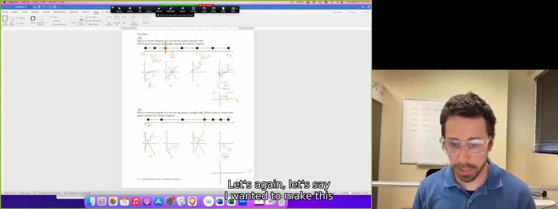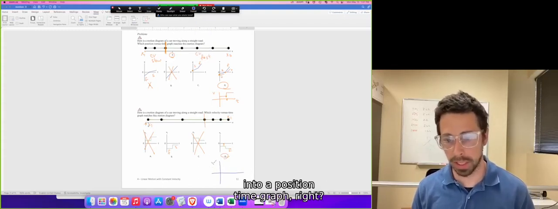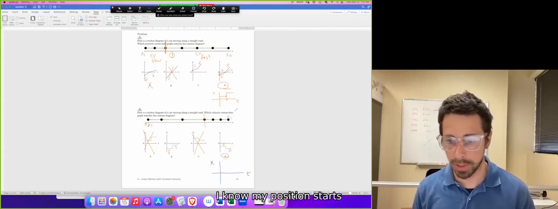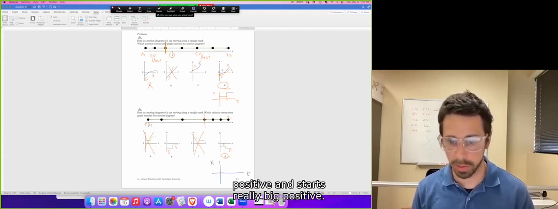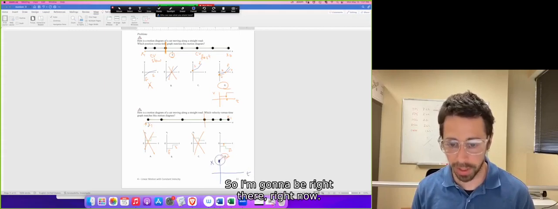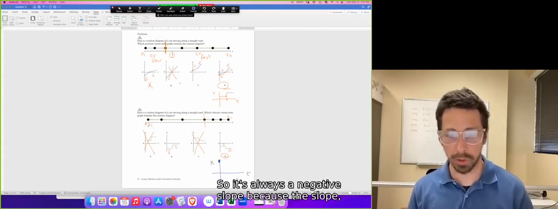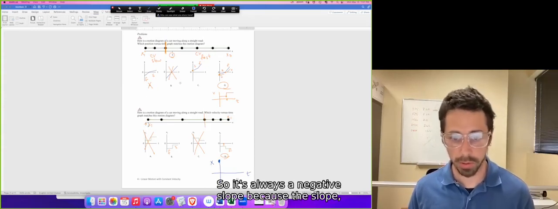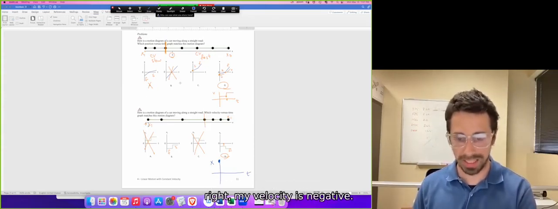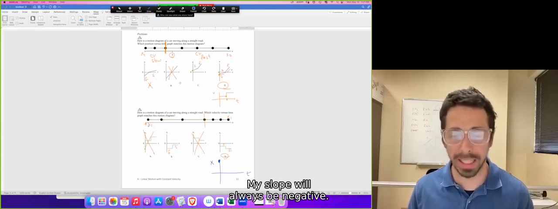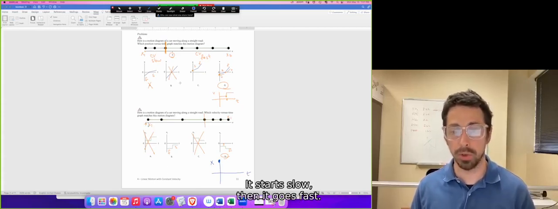Let's say I wanted to make this into a position time graph. I know my position starts positive and starts really big positive, so I'm going to be right there. Now, it's always a negative slope, because my velocity is negative. My slope will always be negative, so it's downwards. It starts slow, then it goes fast.